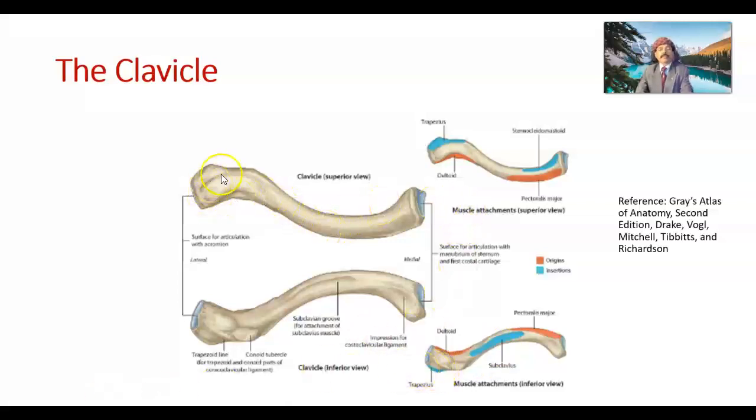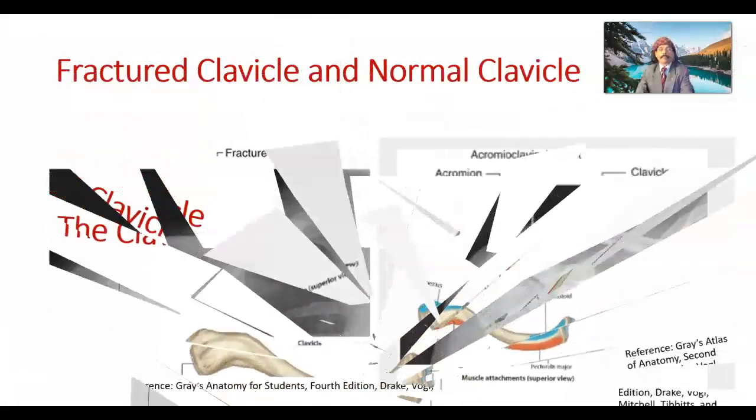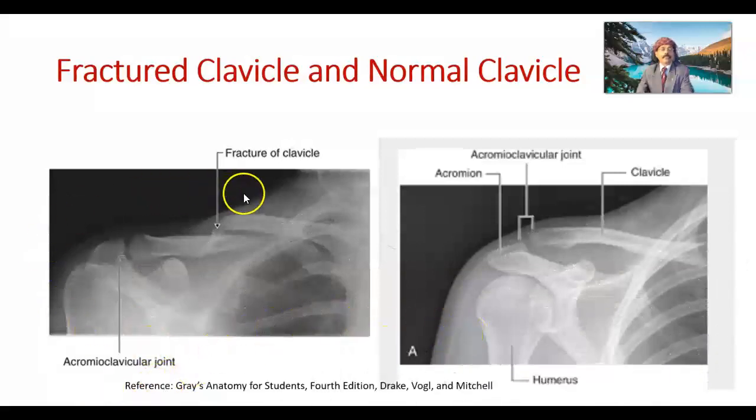This is a subcutaneous bone, horizontally placed in most cases, and here may be the site of fracture, but any part may be fractured depending on the impact of injury. This is the fractured clavicle, and the length of the clavicle is shortened because this part is elevated by the action of the sternocleidomastoid muscle.